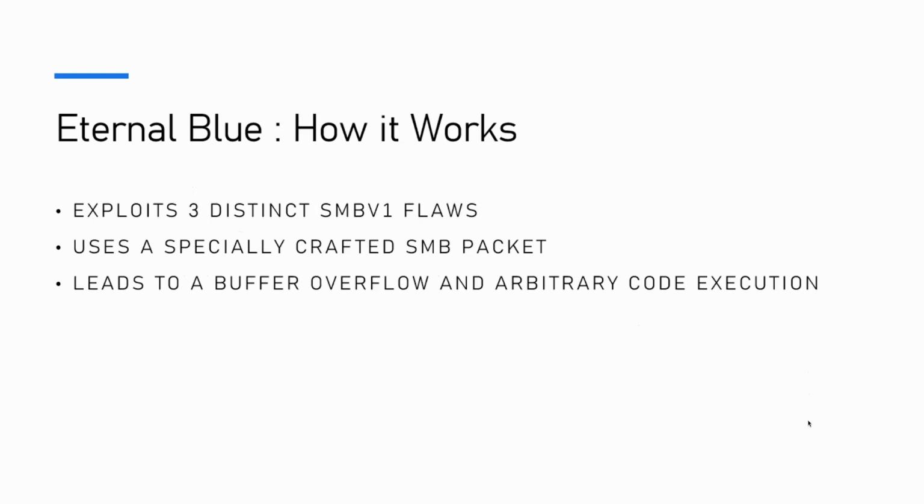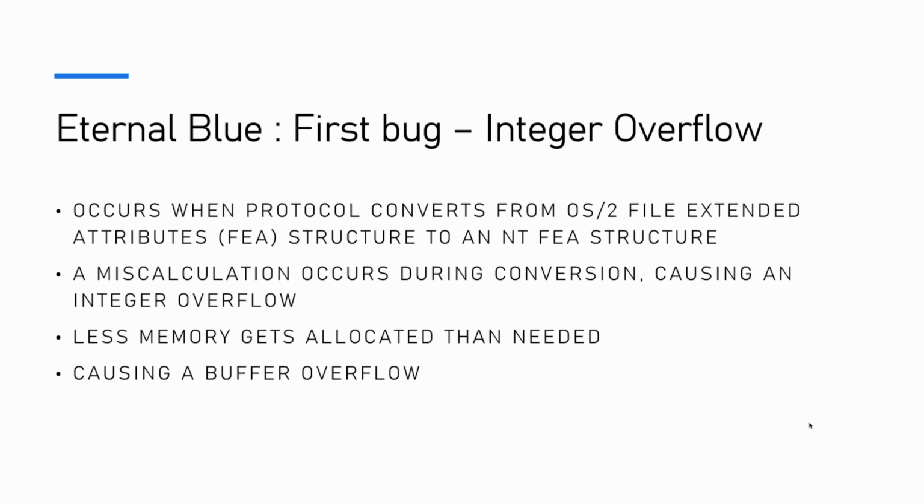So how it works: it exploits 3 distinct SMB version 1 flaws. It uses a specially crafted SMB packet to achieve this, and it leads to buffer overflow and arbitrary code execution. The first bug that it takes advantage of is an integer overflow.